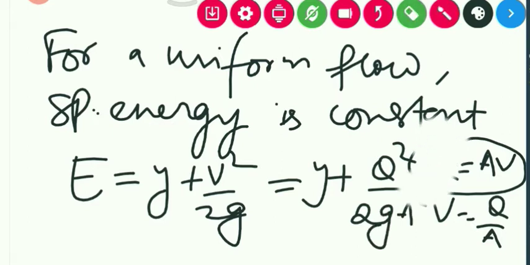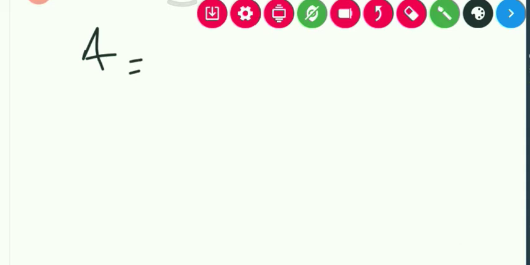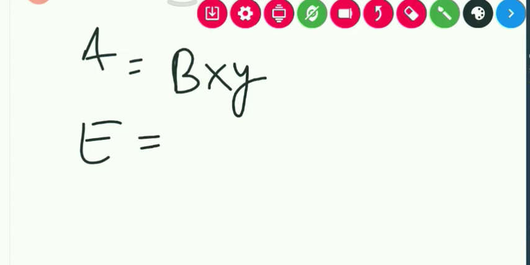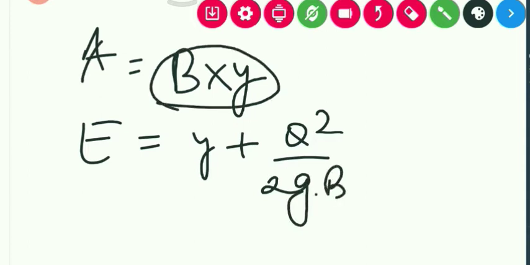This is the equation for specific energy. And what is the value of A? Area for any section is width of the channel into depth of the flow. So the equation of specific energy comes out to be y plus Q square by 2g A square, and in place of A square we can write b square y square.